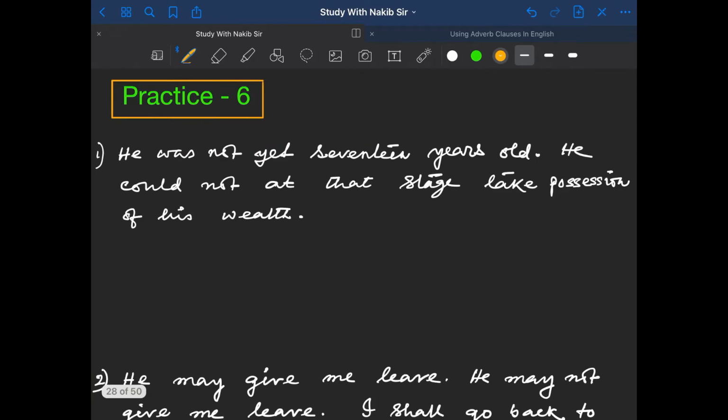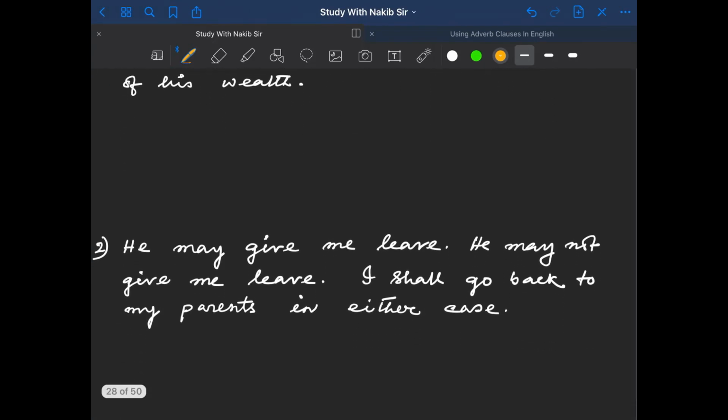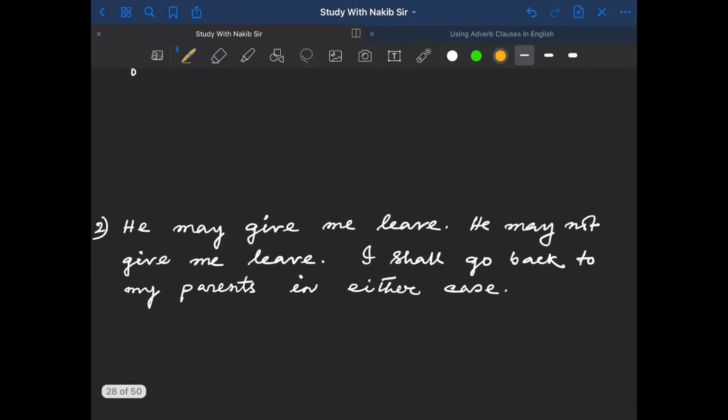Now practice set 6. See the questions and copy them in your exercise books. He was not yet 17 years old. He could not at that stage take possession of his wealth. Number 2. He may give me leave. He may not give me leave.